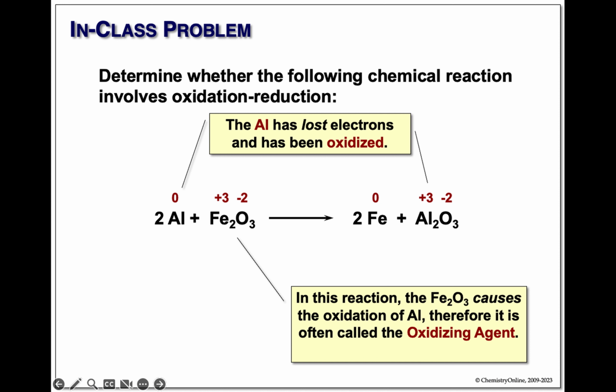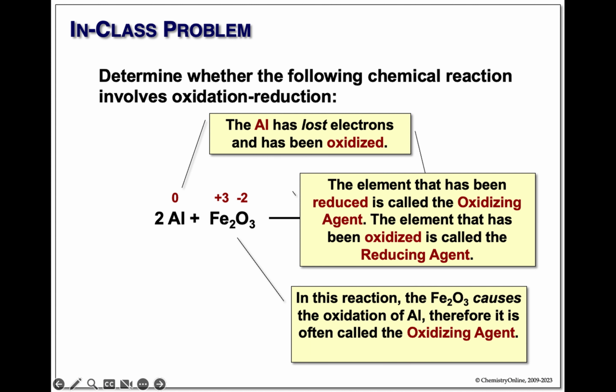Oxidizing agent is the thing that causes the oxidation to occur. That's the thing that is reduced. Iron is the oxidizing agent. Aluminum is the reducing agent. You should know those words exist. You may read them somewhere. They will not be on the exam.